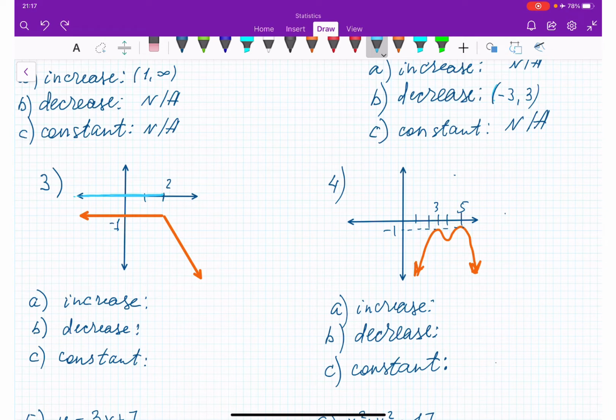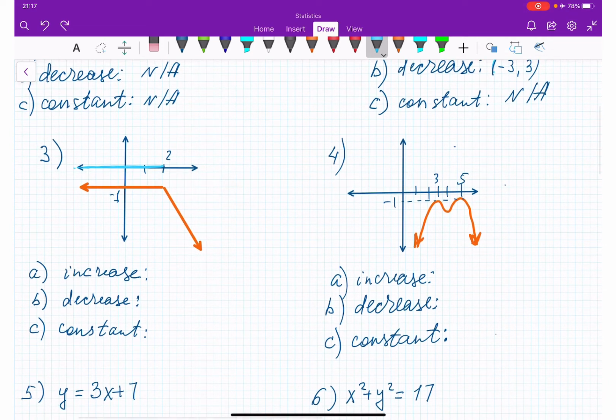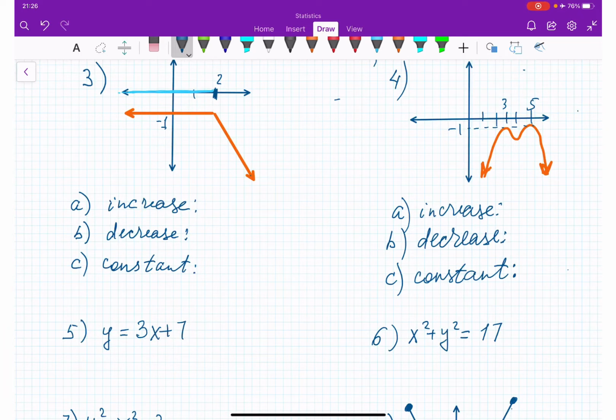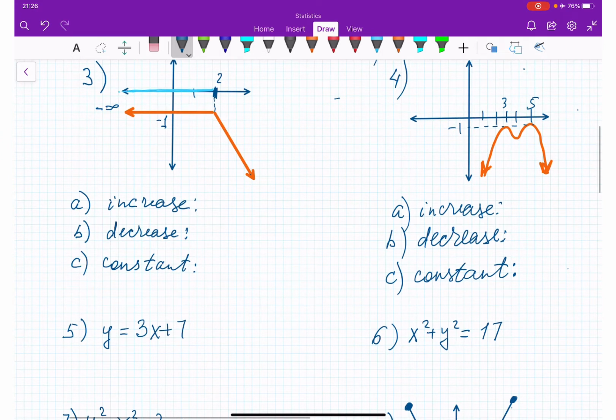Here we have constant. So constant is running from -infinity, yes, all the way till 2. X is 2. So that's when it's going to be constant.